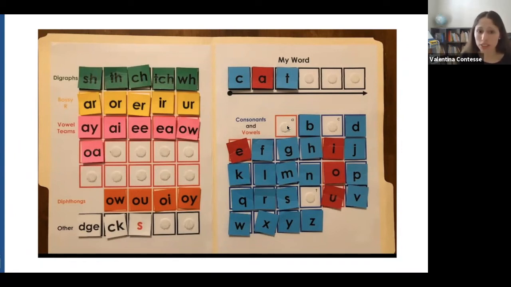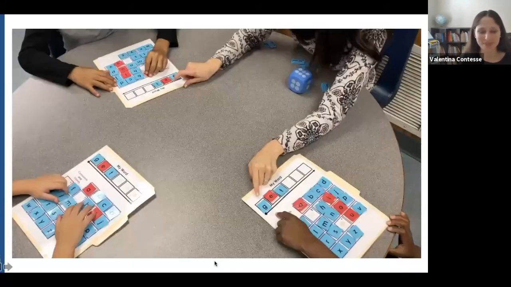What you'll also notice with the alphabet is that it includes mini letters underneath on the background, so that students return these in a specific place and the alphabet remains in alphabetical order in order to make the word work more efficient, because students know where to look for letters.